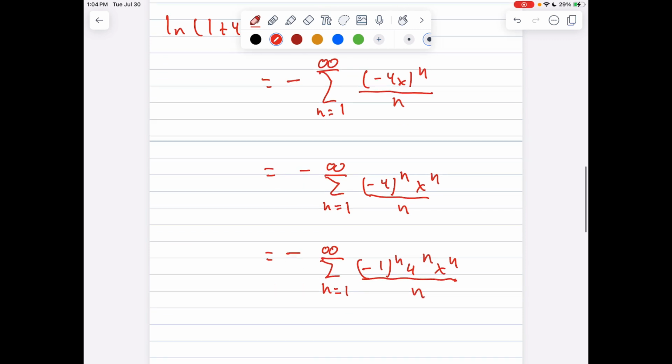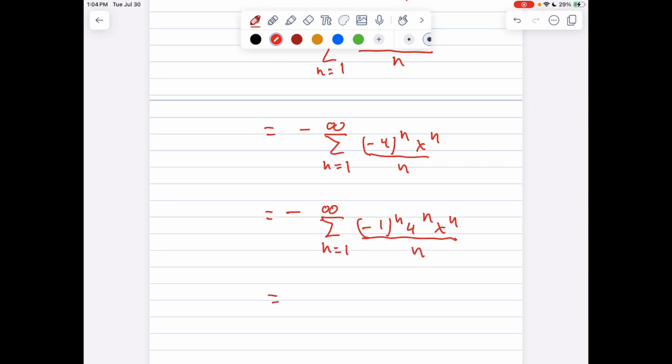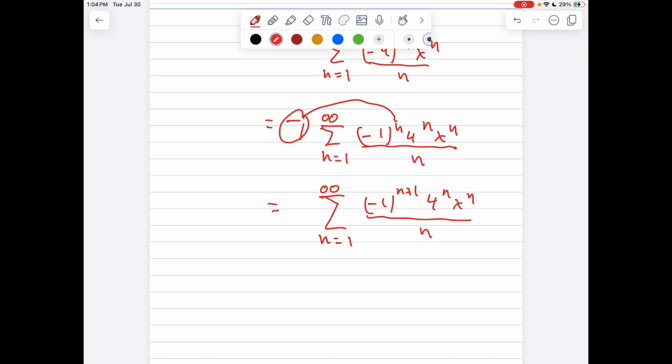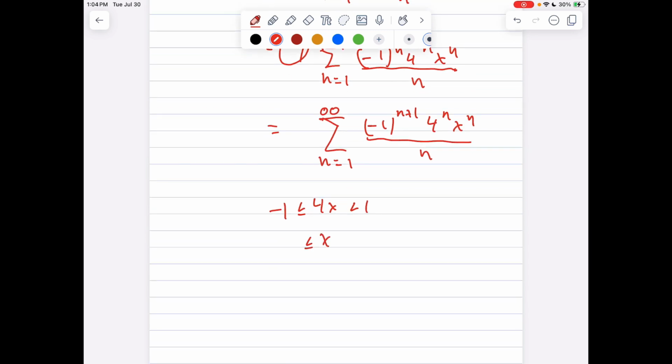And finally, this will become sigma. That minus, that's a minus 1 really. I'm going to bring it in there, and that's going to become negative 1 to the n plus 1 using rules of exponents. Okay. And your series representation here will be valid for the values between minus 1/4 inclusive and 1.